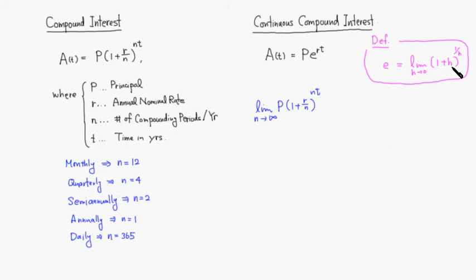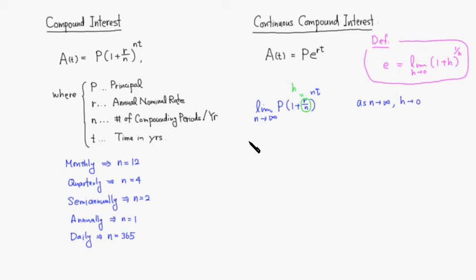We want to have 1 plus h, so I'm going to let this term equal h. As n approaches infinity, h approaches, well, h is r over n, so r is a fixed number and n is getting larger and larger, so h is actually approaching 0. Keep that in mind.